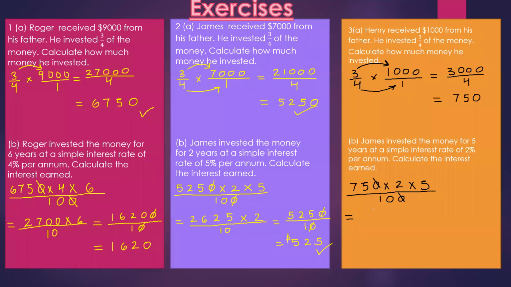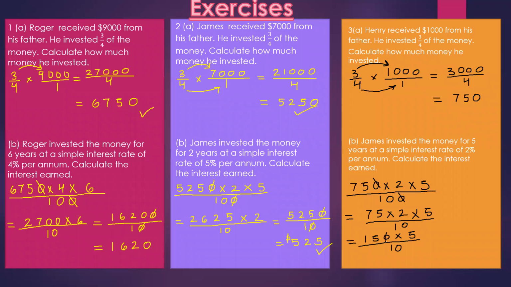And so we have 75 times 2 times 5 over 10. 75 times 2 is 150. So 150 times 5 over 10. It's 150 times 5 divided by 10. So now we cancel out the zeros.